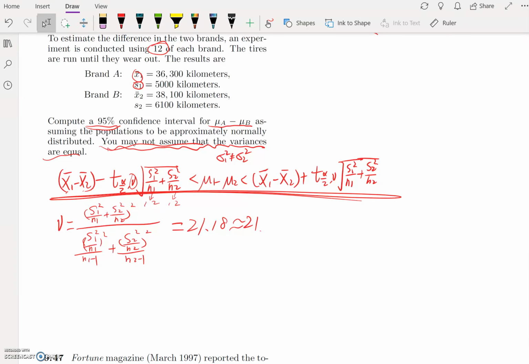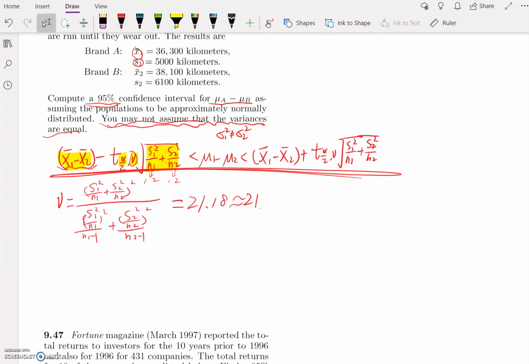Those numbers are known, and alpha is known, v is known, those are all known. So you can get the confidence interval. I will skip the calculation part, because I think you all know how to do that.